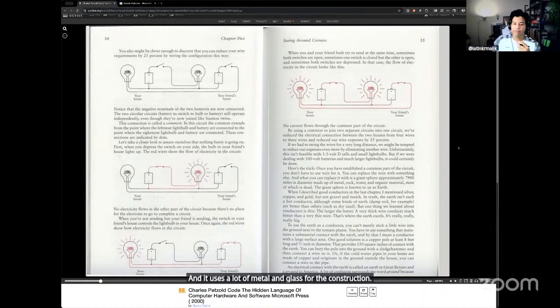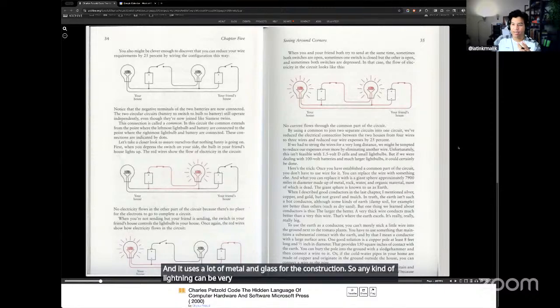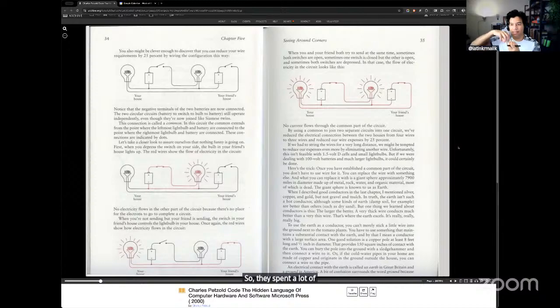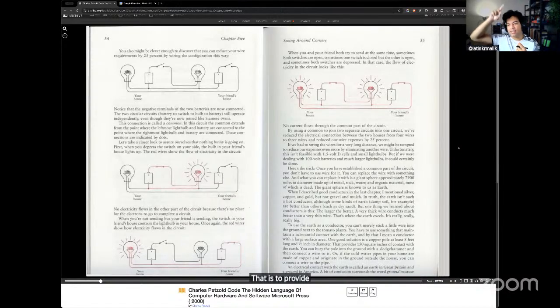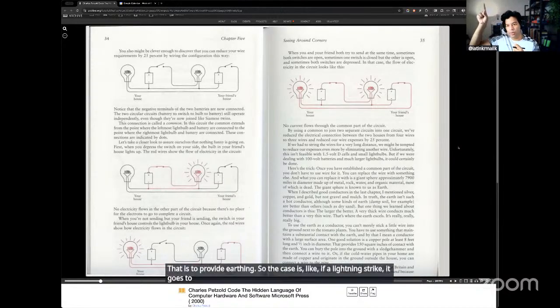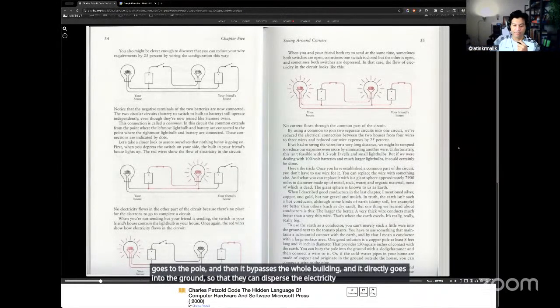So any kind of lightning can be very detrimental to the building and the people inside it. So they spent a lot of time on this. That's why you see a lot of big buildings with a huge pole sticking up on the top. That is to provide earthing. So if lightning strikes, it goes to the pole, bypasses the whole building, and goes directly into the ground so that they can disperse the electricity safely.